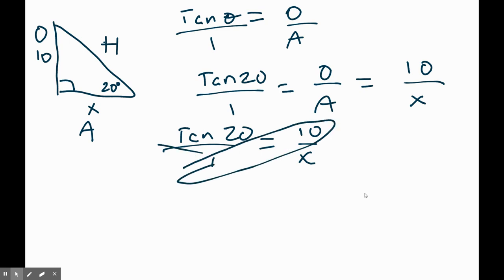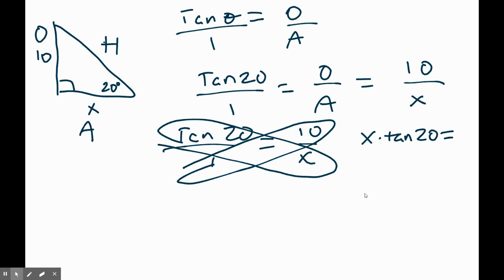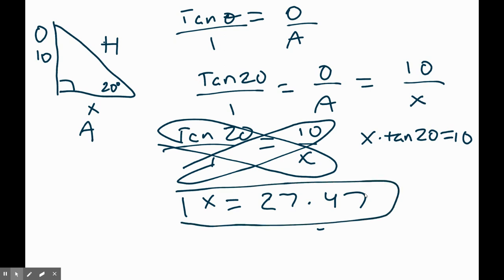Do what we've done before, cross multiply, and you are going to get x times tan of 20 is equal to 10. And then this is where you would just divide 10 by the tan of 20, and you're going to solve for x, and x is going to be around 27.47. And that's going to be this missing side length right here.